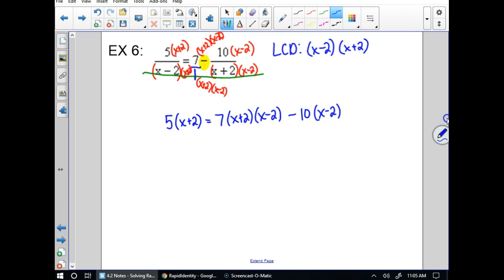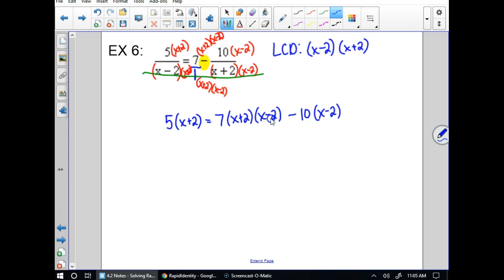Now, another thing that might be confusing to you is how to deal with this right here. You do not distribute the 7 to both of these, okay? You could distribute the 7 just to the first one, but what I usually do is I just multiply these two together first. What do you get when you multiply x plus 2 times x minus 2? X squared minus 4, because the middle terms are going to cancel out there.